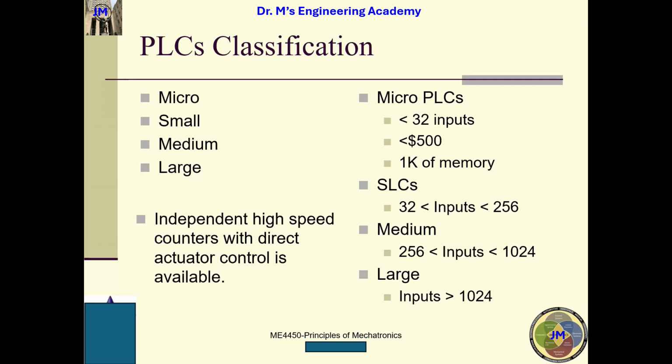Micro PLC, we have 32 inputs, less than $500, and 1K of memory. Smaller ones have more inputs, medium more, larger more. An independent high-speed counter with direct actuator control is available. So when we buy a PLC, we can also buy these kinds of counters as well.